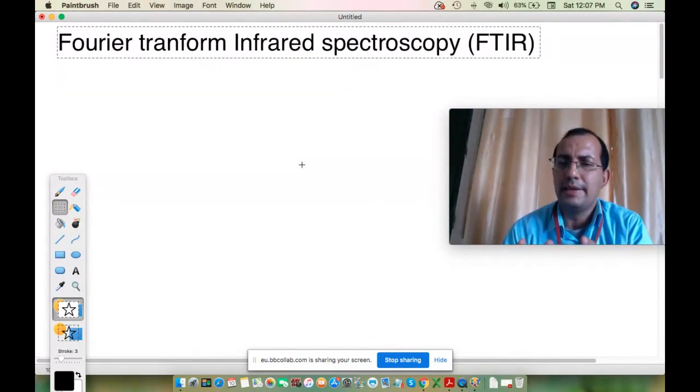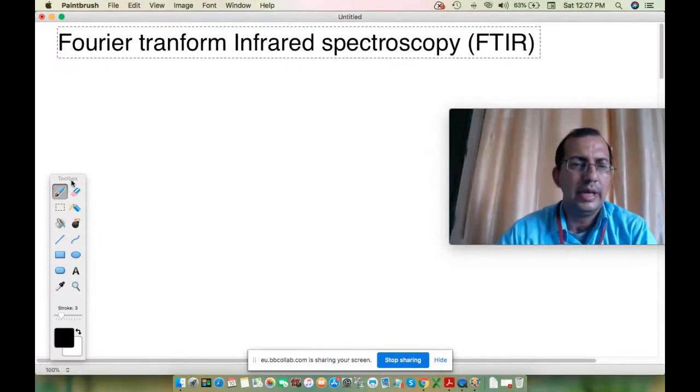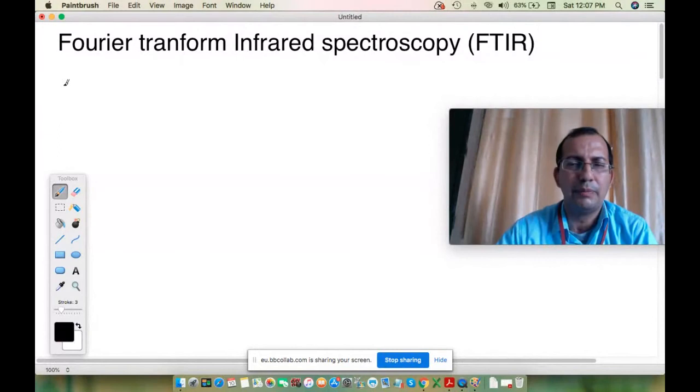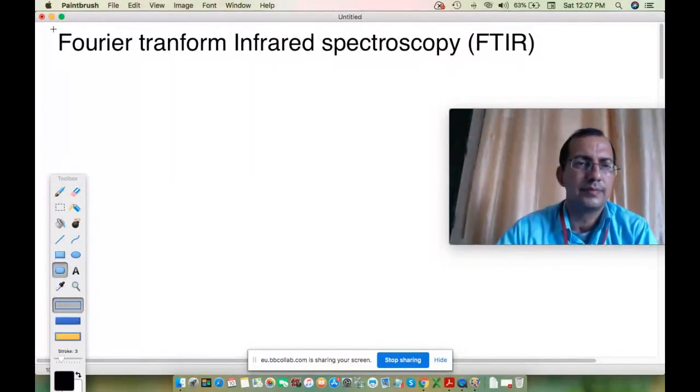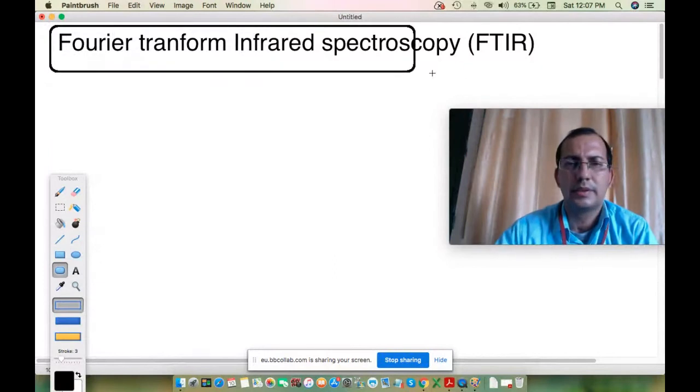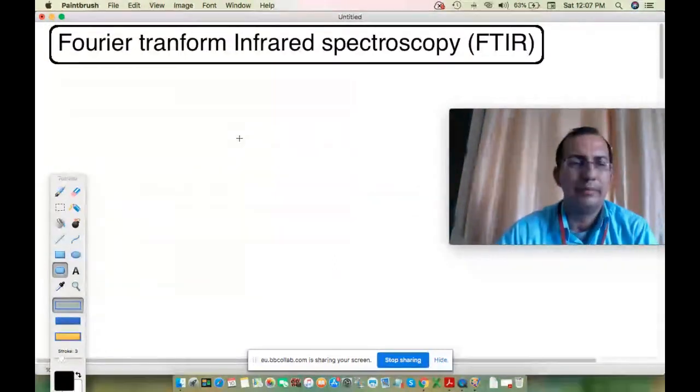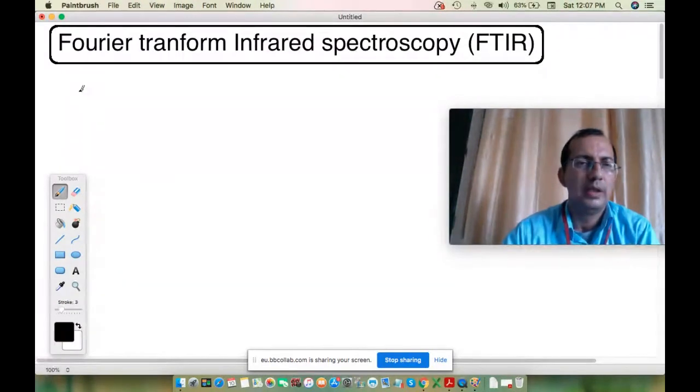So if you have prepared a sample, first of all you are doing the simplest thing, which is looking at the sample with the help of the optical microscope.